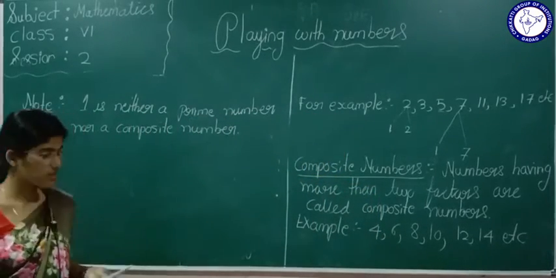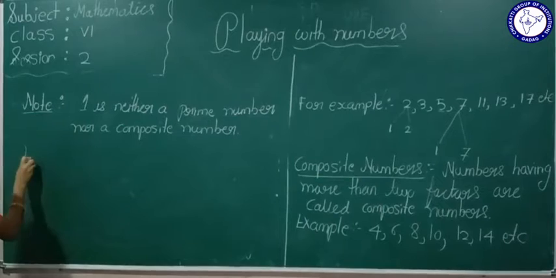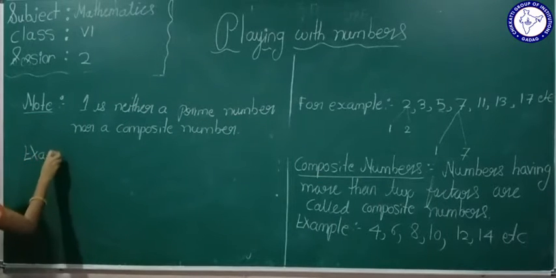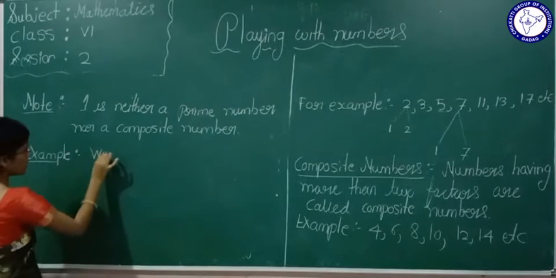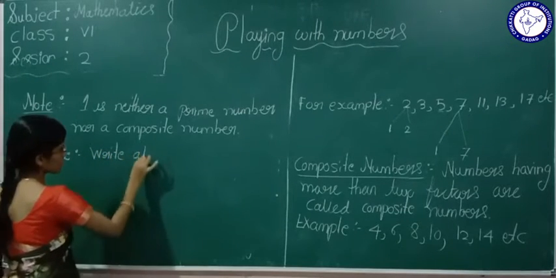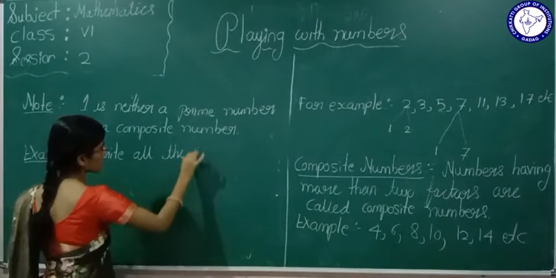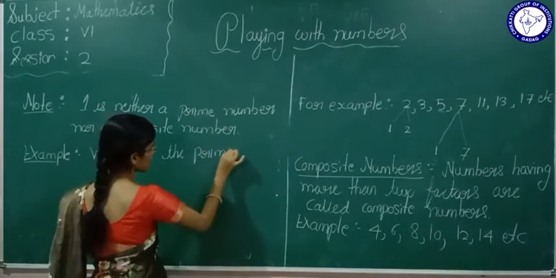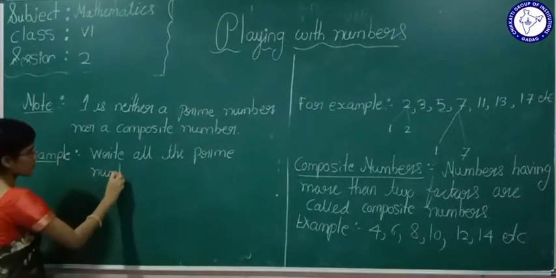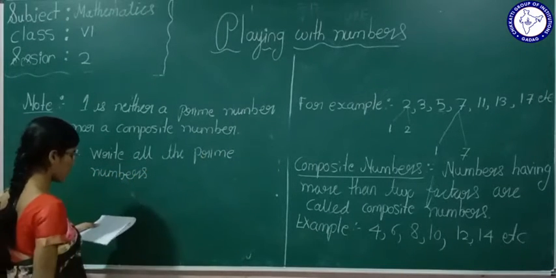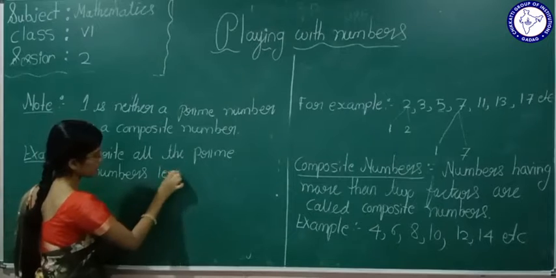So next we will solve one example. We will take one example. Write all the prime numbers less than 15.